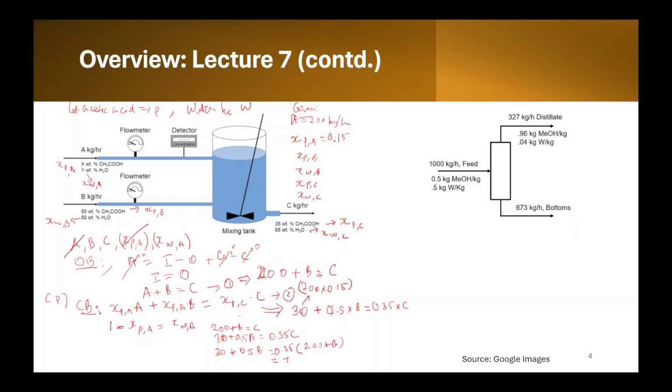This will be 70 plus 0.35 B and 30 plus 0.5 B. So this becomes 40 and this will be 0.15.